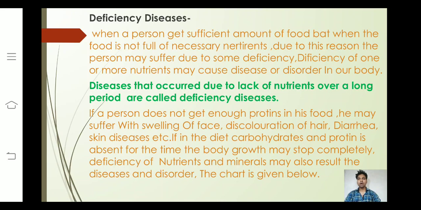Deficiency of one or more may cause disease or disorder in our body. Friends, diseases that are caused by lack of nutrients over a long period of time are called deficiency diseases.